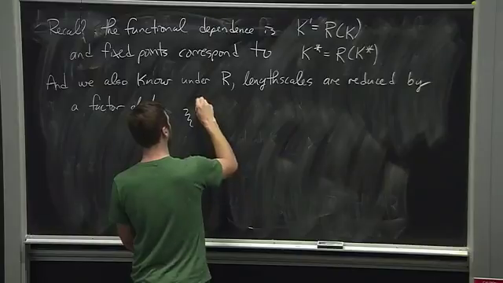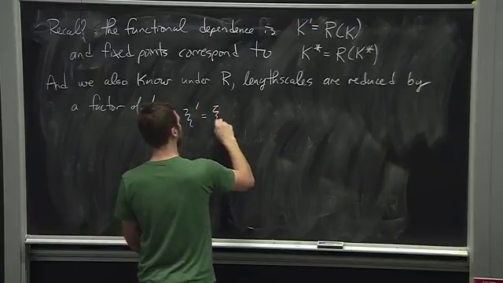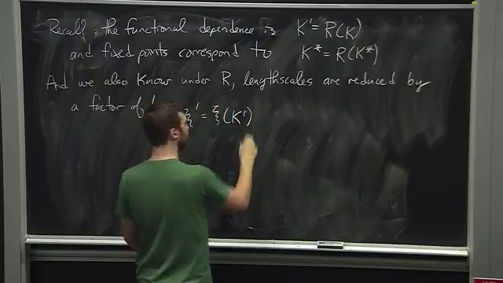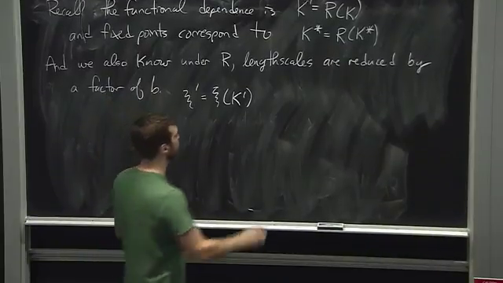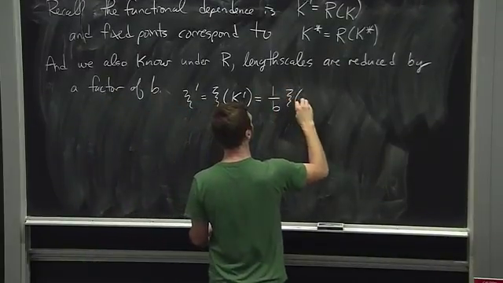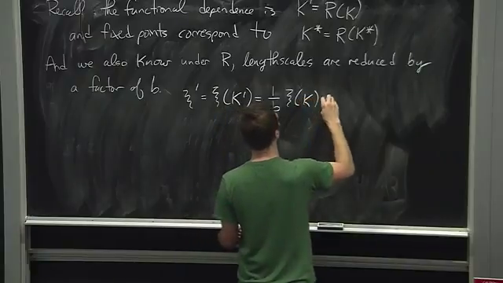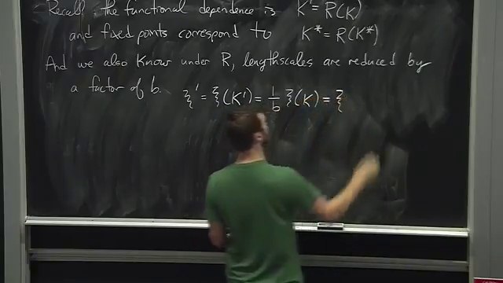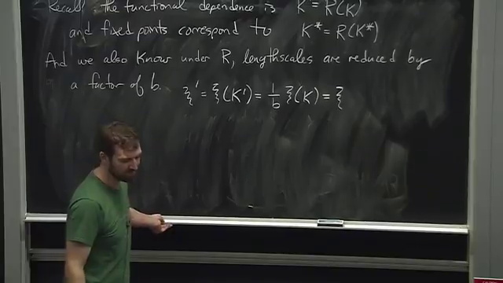So the correlation length prime, I might have called it, which is the correlation length in terms of K prime, is 1 over B times the correlation length in K, which is just what I was calling the correlation length.